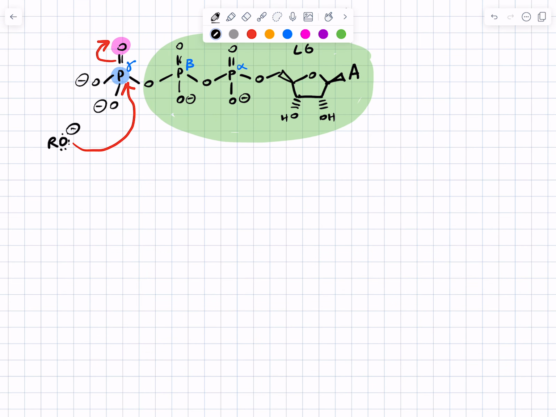All right, so let's draw the intermediate where we just made a new bond between phosphorus and the oxygen of our purple nucleophile. There's the OR group and the new bond we made with the phosphorus.